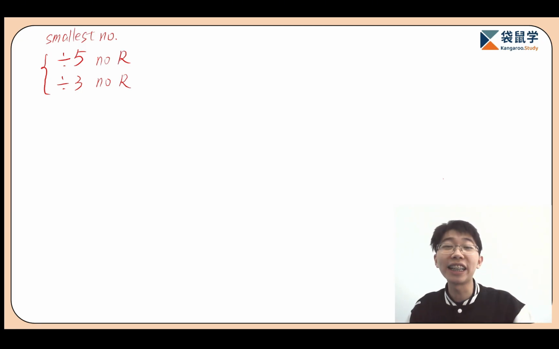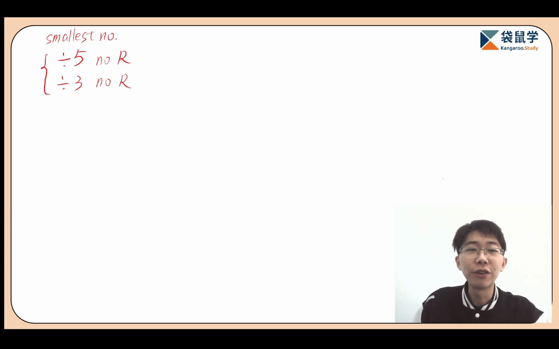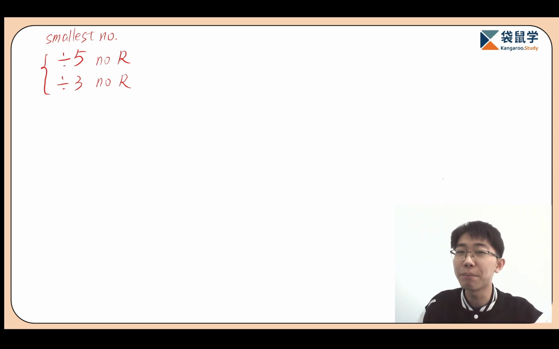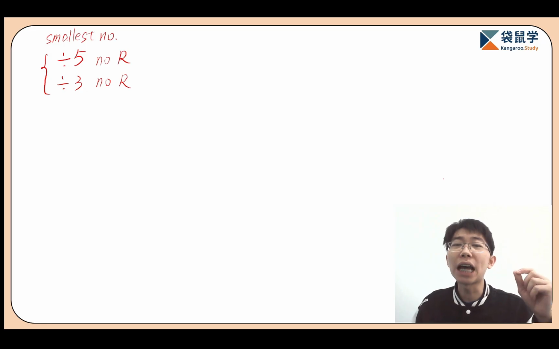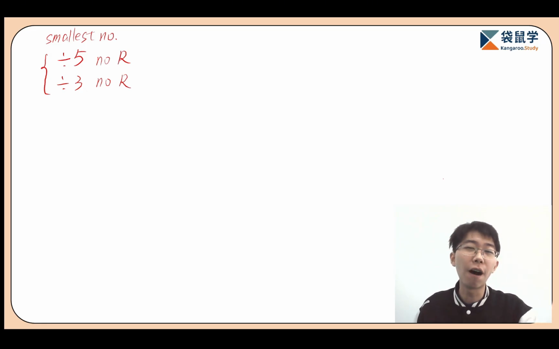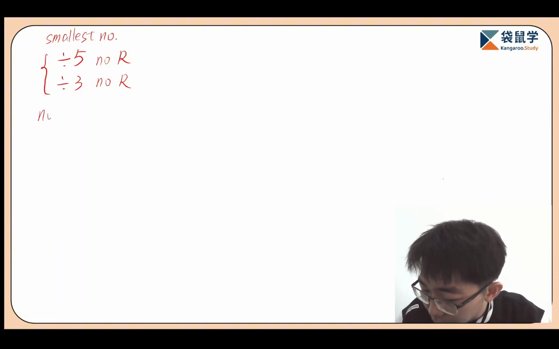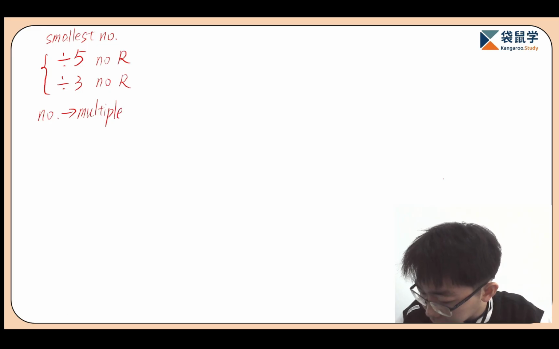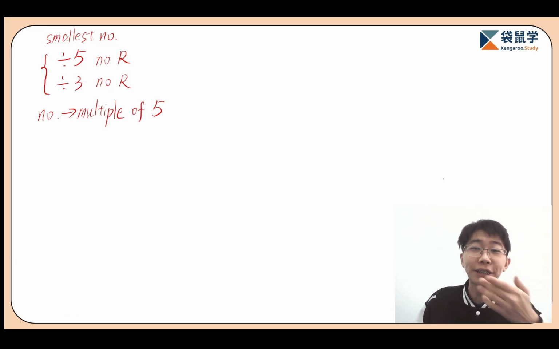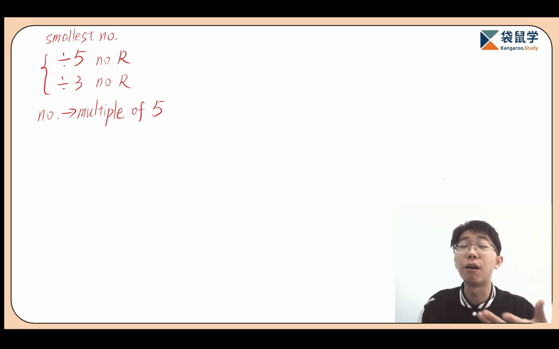Now let's take a look at the conditions one by one. For the first condition, when divided by 5 has no remainder, that means what? That means our number is a what of number 5? It is a multiple of 5. So now the number should be a multiple of 5. Similarly, when divided by 3 has no remainder, that means it is a multiple of what?